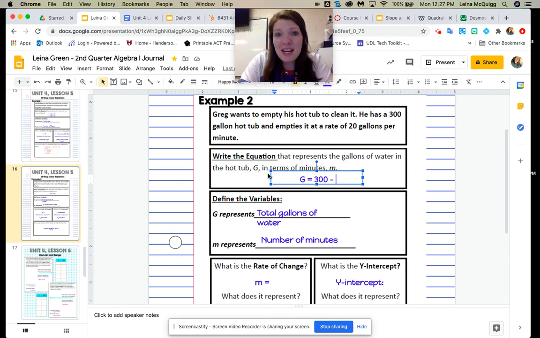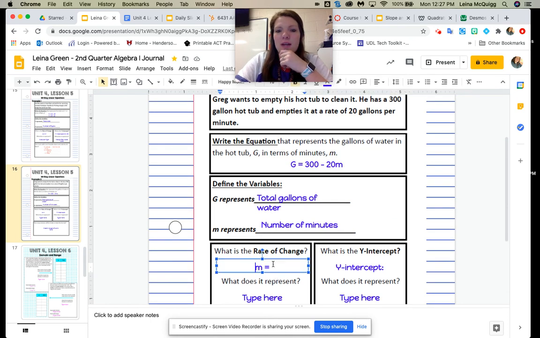Rate of change is what? Slope. So anytime you see the word rate, connect that to slope. Okay? So it's draining at a rate of 20 gallons per minute. The word per means multiplication. And we said we're using M for the number of minutes. So he's starting out with 300 gallons, and it's going down at a rate of 20 gallons per minute. So 300 minus 20 times M.